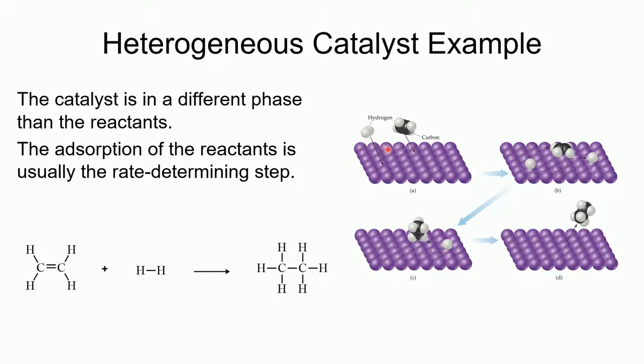So the hydrogen will absorb onto the palladium, the ethylene will absorb onto the palladium, and then the hydrogen dissociates into hydrogen atoms, and then the hydrogen migrates around and eventually runs into one of those carbons, and now you've got the hydrogen on the carbon, and then another one comes over and migrates, and eventually you end up with ethane.